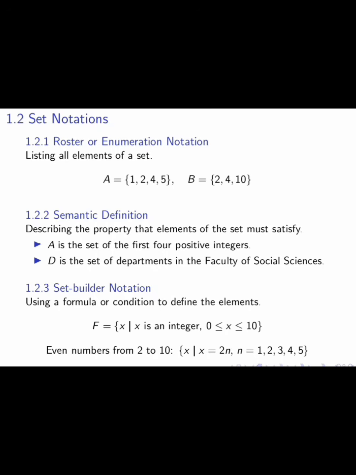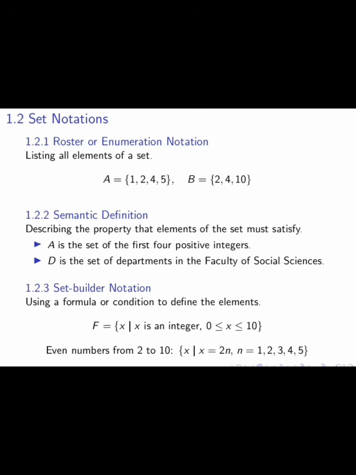But instead of writing that, we have now discovered a simpler method that can be used in representing even numbers from 2 to 10. We write it as S such that, and that straight slanted black line you see there is called such that. So S such that S is equal to 2n, and n is equal to 1, 2, 3, 4 and 5.